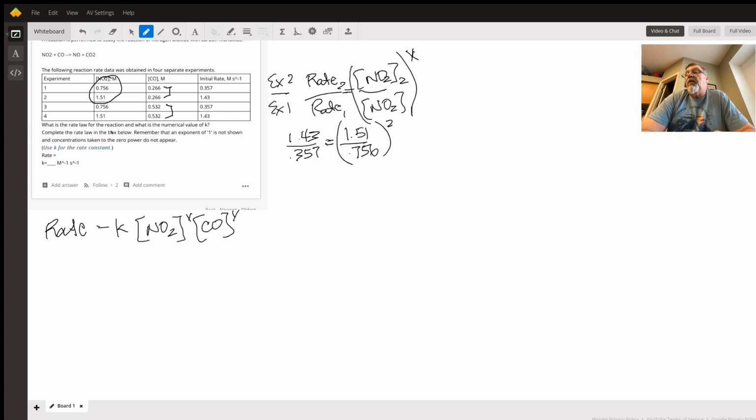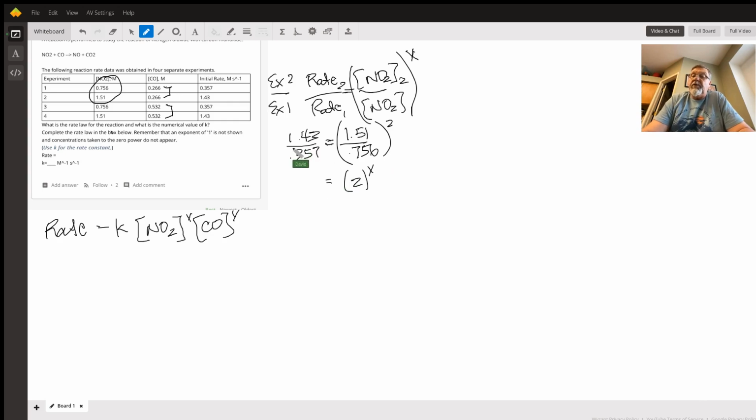So now I'm just going to reduce these things down a little bit. A lot of times the author of these equations will try to make them some even value that you can work with, and I notice that's true in this one. So 1.51 over 0.756, that's 2. So basically they have doubled the concentration of the nitrogen dioxide.